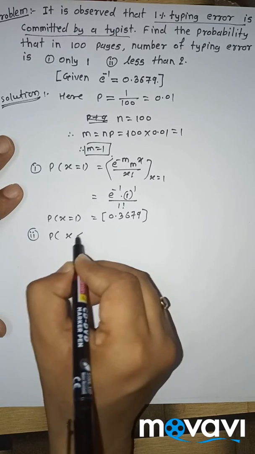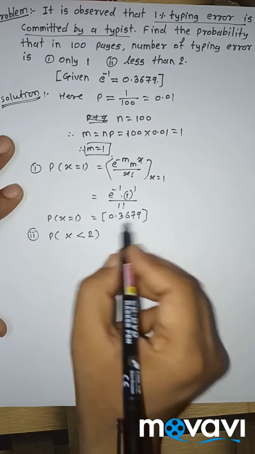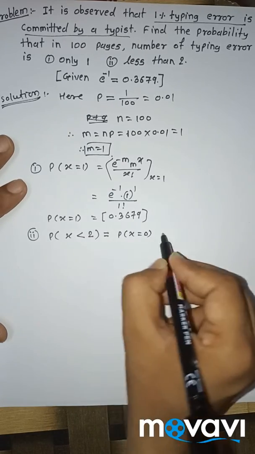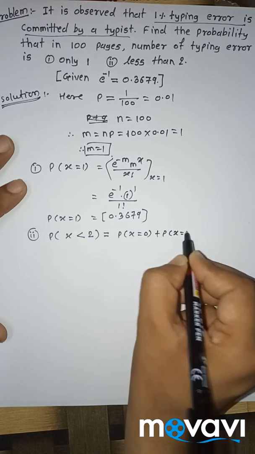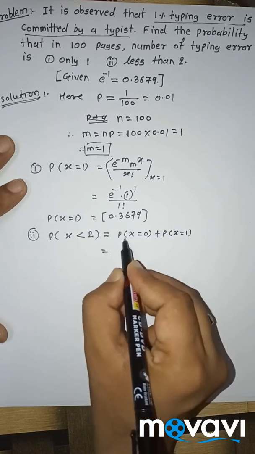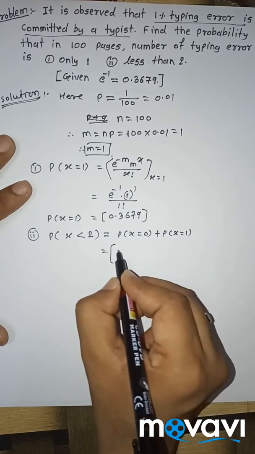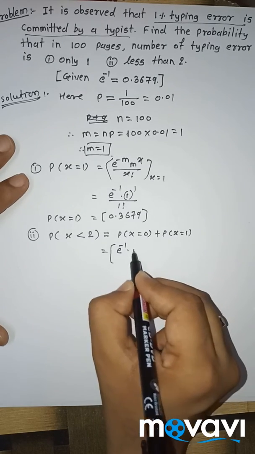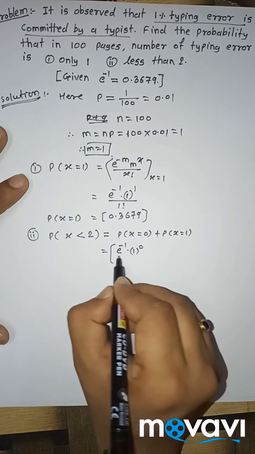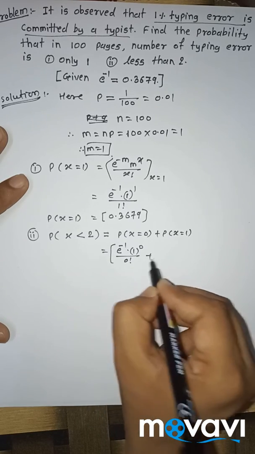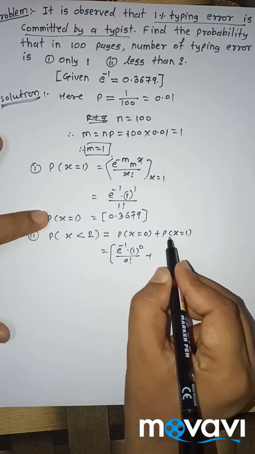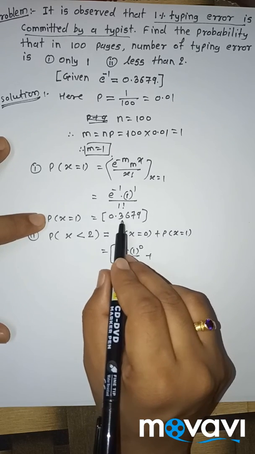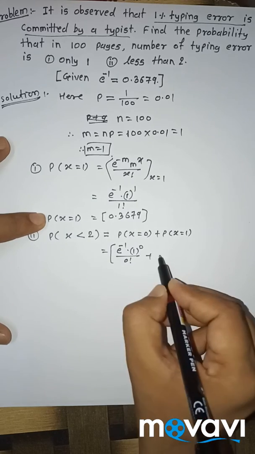Then second, probability of x strictly less than 2. This is equal to probability of x equal to 0 plus probability of x equal to 1. Probability of x equal to 0 is e raised to minus m is 1, into m raised to x is 0, upon x factorial, plus we have already calculated probability of x equal to 1 which is 0.3679.